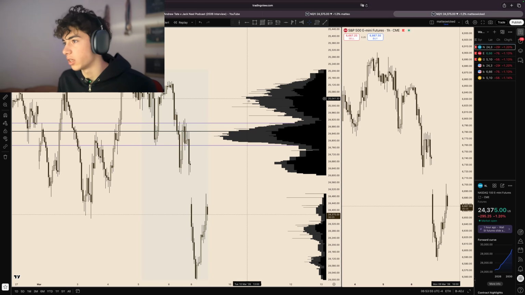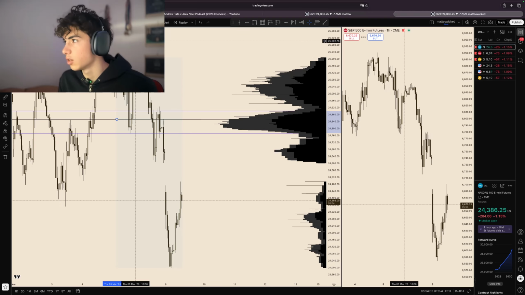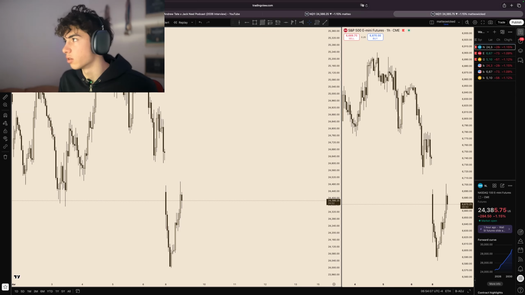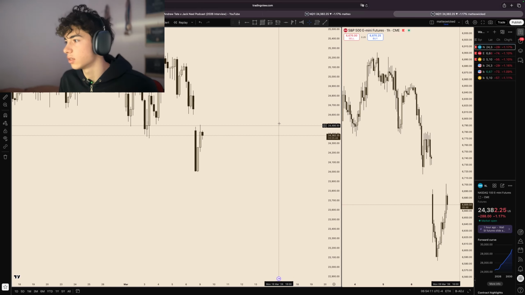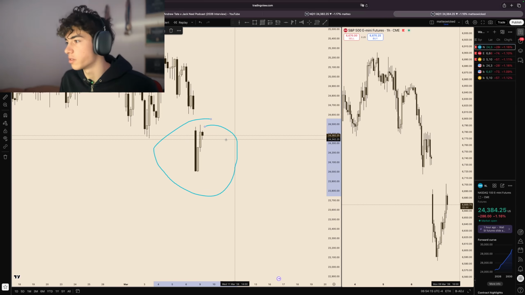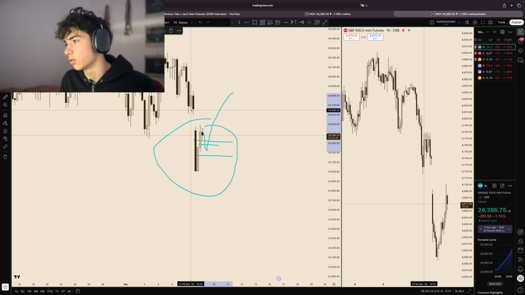So what I was saying, this is the volume profile tool, which you can find like here. We usually apply it either on the 1 hour or the 4 hour. Let's say I wanna see the volume profile of this zone here, because maybe you want a reaction from here, or from here to see a continuation.